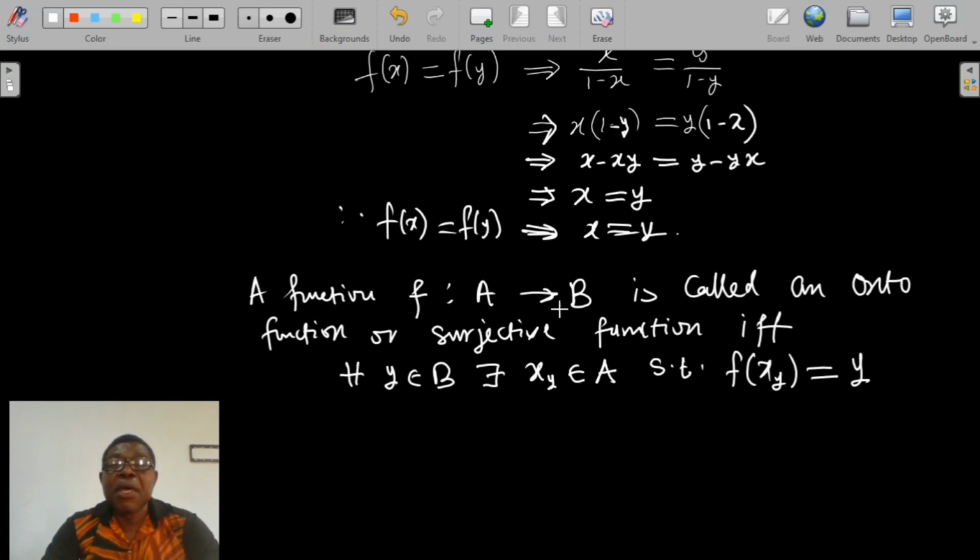That is to say, every element of B is an image of a particular element in A. That is what it means to say that f is onto.